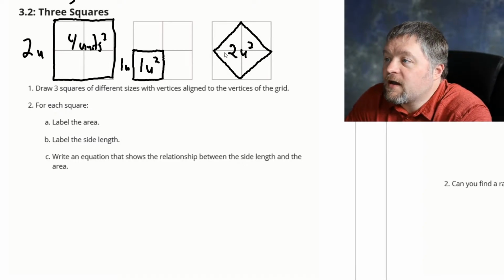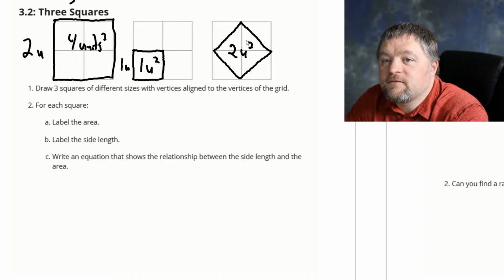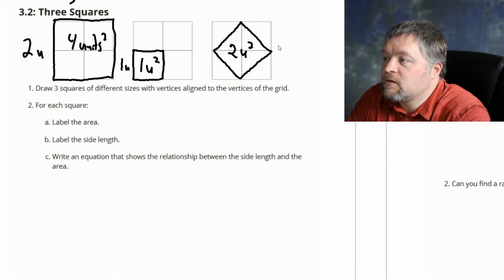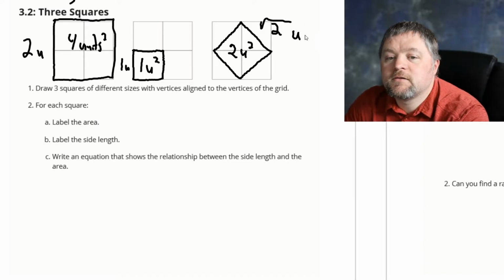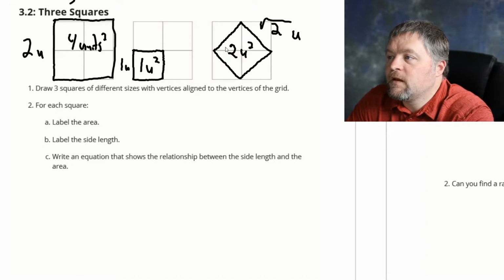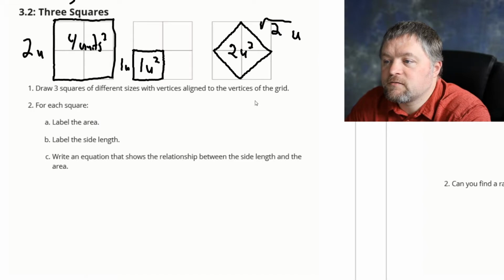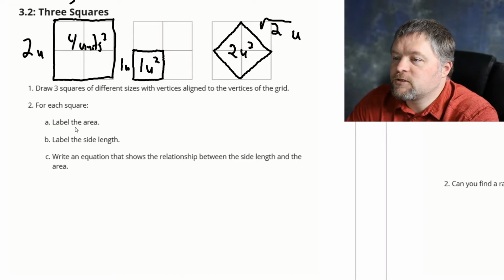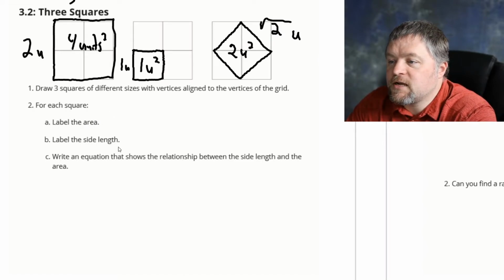Well, to find the side length of a square if we know its area, we take the square root. So the side length is the square root of 2 units. Area of 2 units, side length, square root of 2 units.